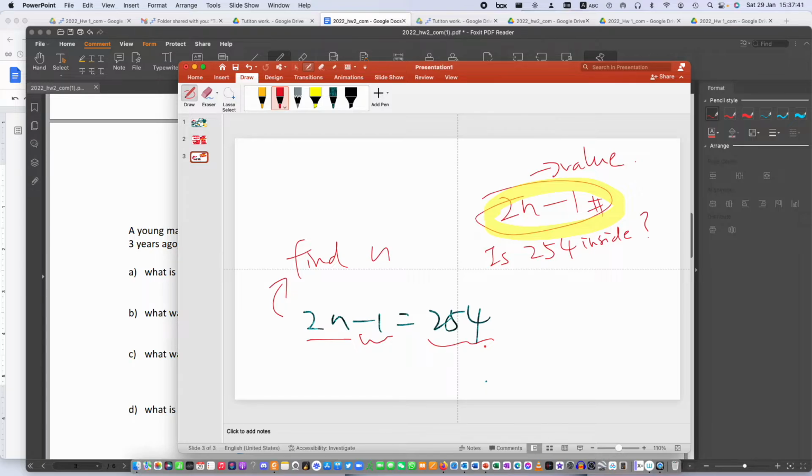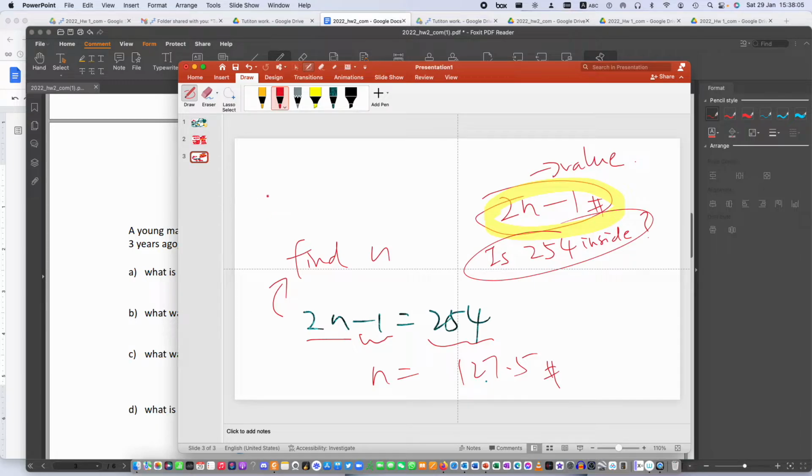So what do you get? n equals 127.5. So is it inside the series or not? No. Why not? Because it's a decimal. Yes.